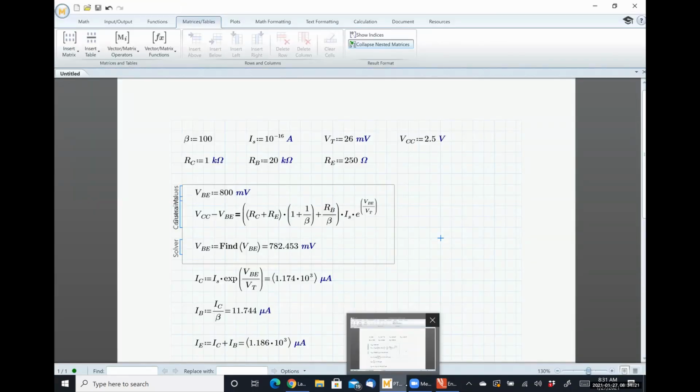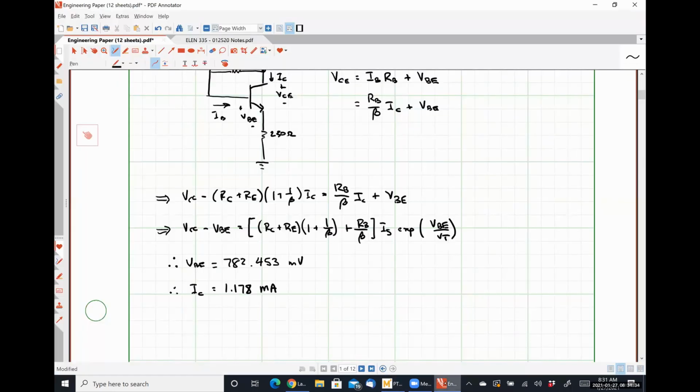So that's just rounding error. So 1.174 milliamps is what I'm getting on my MathCAD sheet. So, all right, so let's go 1.174. All right, so we now know our operating point, so we can use this information to determine our transconductance.